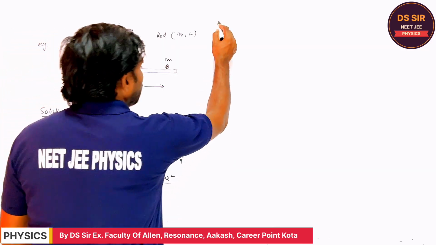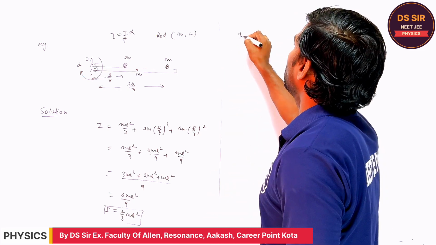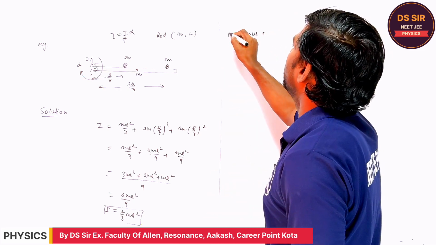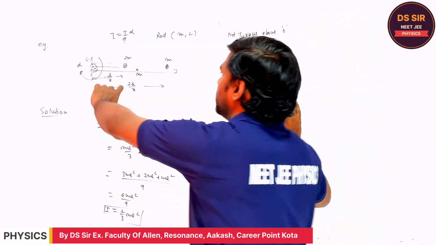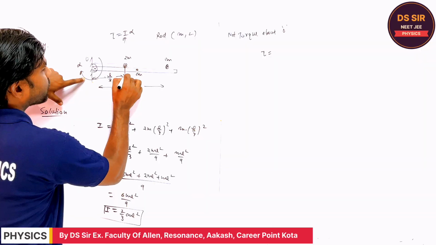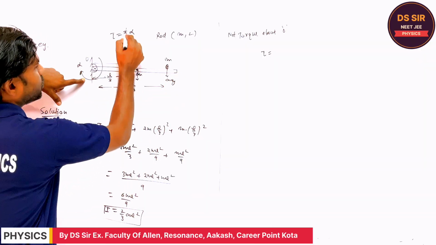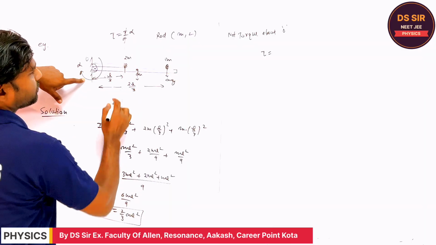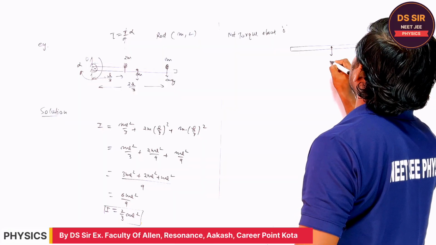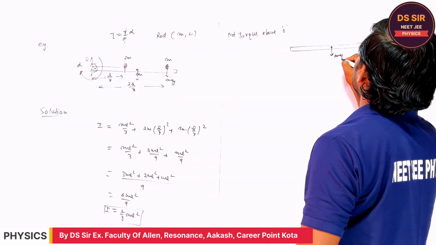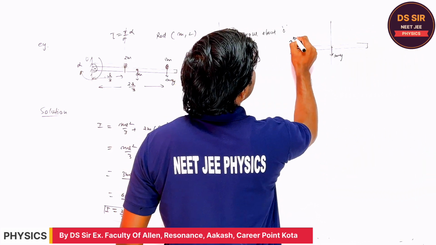Now the net torque about O, if this is the axis of rotation. What is the net torque? Listen, this is the 2mg, this is the mg, and this is again the mg. The rod's mg acts at L by 2 about O. Although the N1 and N2 torque will be 0, I am not writing that.